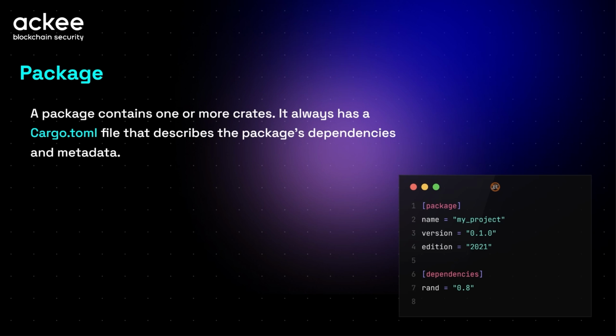The first part is the definition or metadata of the package, in this case name, version, and edition. And then we have specified the dependencies which we would like to use in our package or in our crates, in our code. In this case, rand and the version of the desired crate.